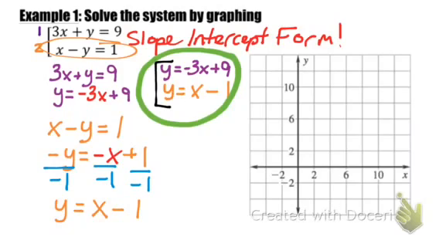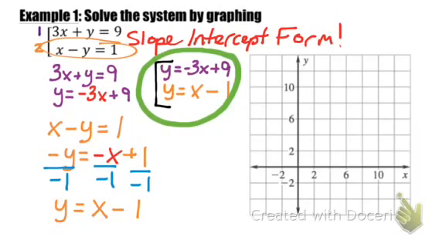Now one thing that you need to do, especially when you are graphing your lines and you're trying to solve a system by just graphing, you have to use a straight edge. So you can use your ID, you can use a ruler. It'll give you the most accurate estimation from your graph, and you want to make your graphs as accurate as you can, especially if you're just eyeballing it on your coordinate plane.